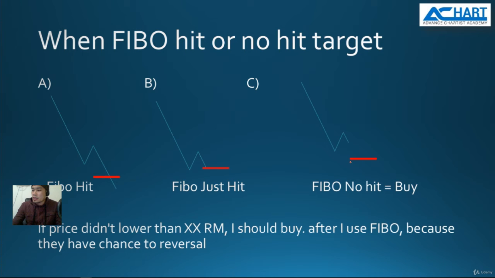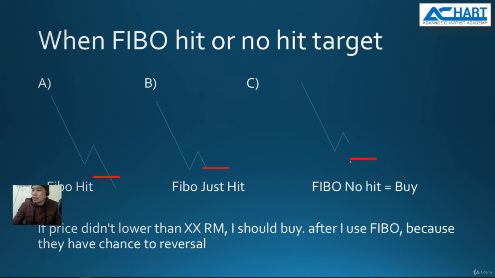That means this is an uptrend movement. According to Dow Jones, we know that this is higher high and higher low, so it results in an uptrend movement.